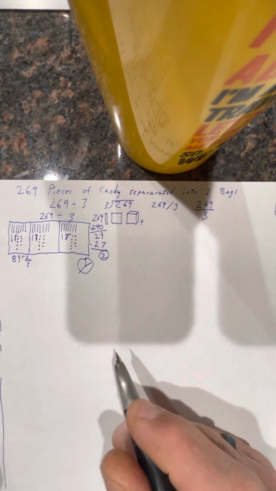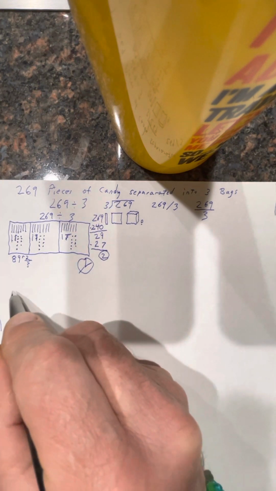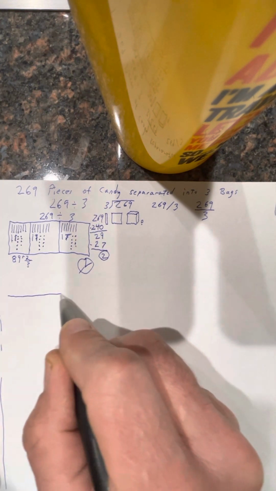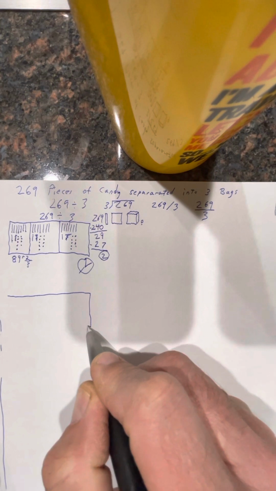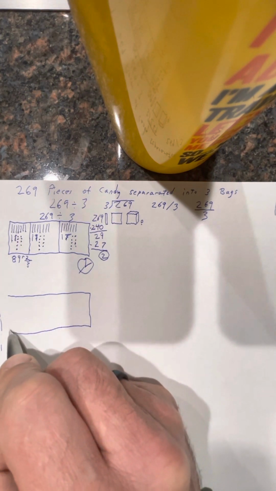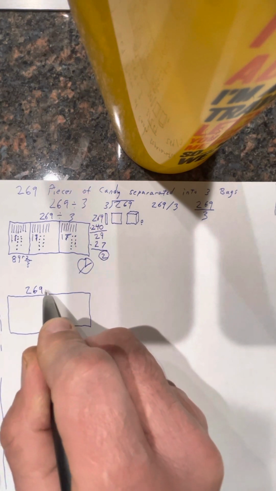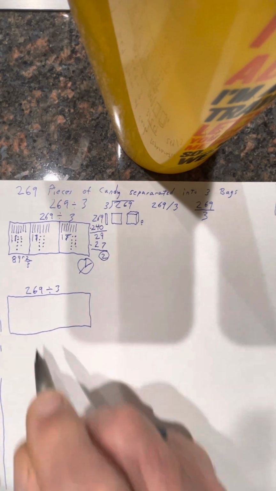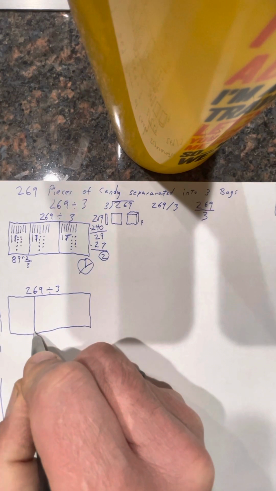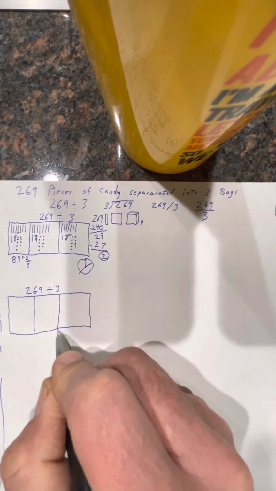One step up from this. Notice it looks similar. 269 divided by 3, same problem. Still have my 3 boxes, okay?